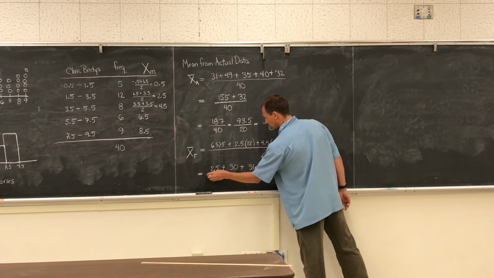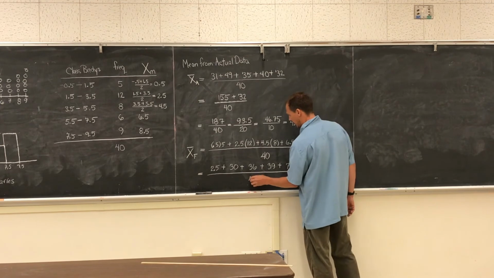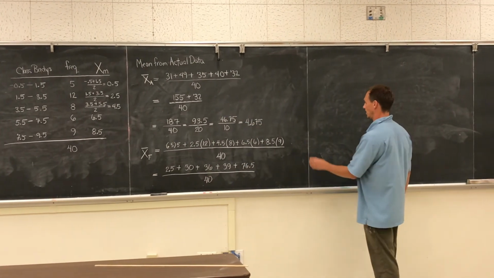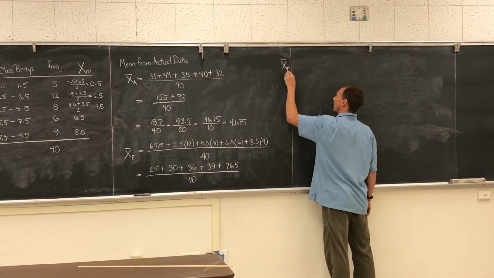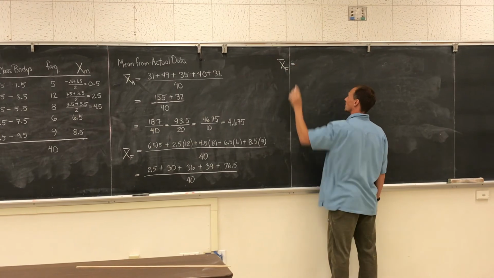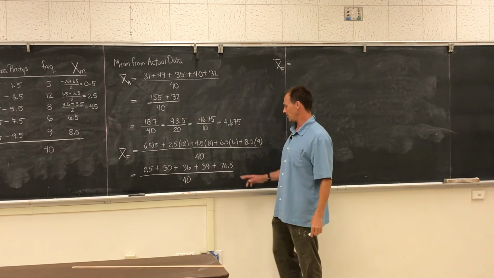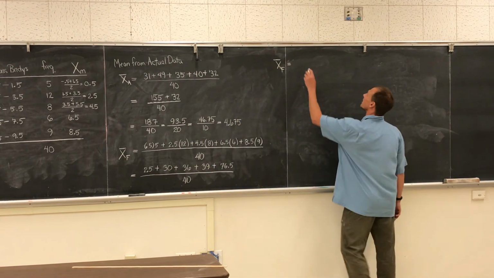And then again, we're going to add all those, and then we're going to divide them out by 40. Okay, this is going to be interesting. So x bar sub f from the frequency distribution. Let's add some of these up. I'm going to clean up the 76.5, add 2.5, let's call that a 79.